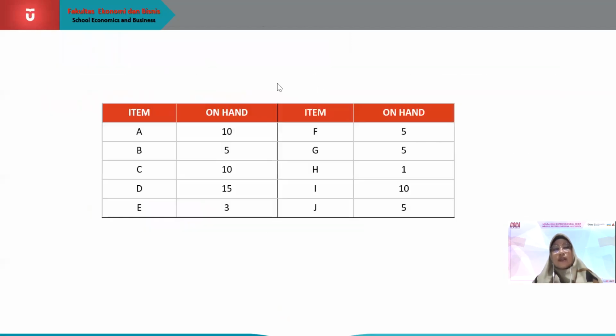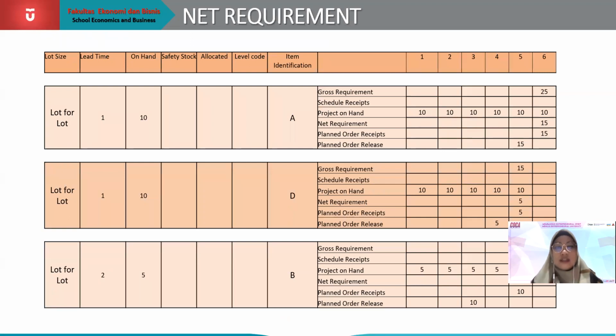So this is another piece of information. You will have information about on hand for each component. So it is known, and this is the example of net requirement.